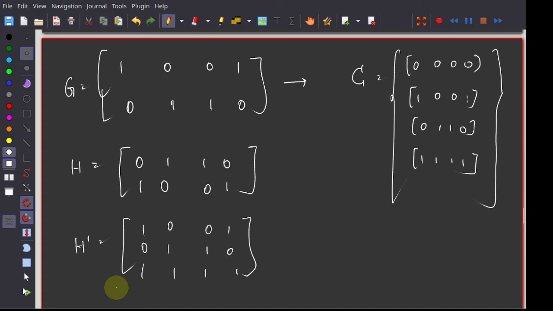So a fat matrix is full rank only if the rank is equal to the number of rows. In this case, this matrix is not full rank. But now, what about H prime times any code word? What does it give you?